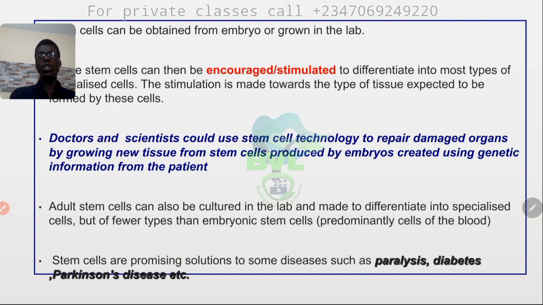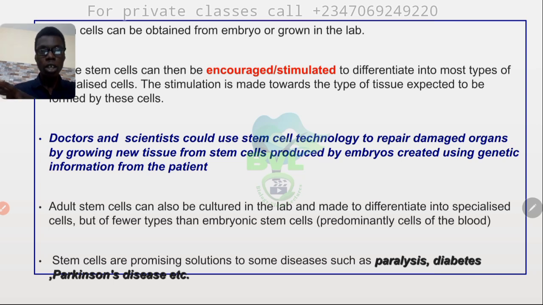How? You must have taken genetic material from a good cell of the person that has the issue. Then you insert that into these stem cells. That is the instruction the stem cell will use to form the type of cell you need to replace the damaged cell in that person's body.